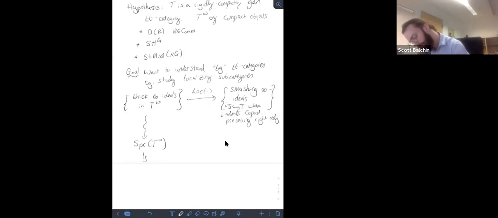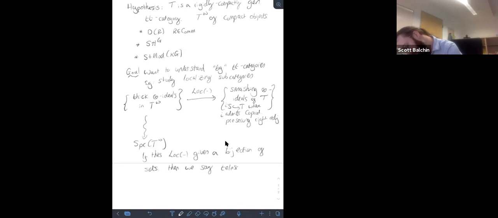So if this localizing map gives, this is of T now, by the way, the big guy we want to understand, if this gives a bijection of sets, then we say that the telescope conjecture holds for T. This is one formulation of the generalized telescope conjecture for TT categories.